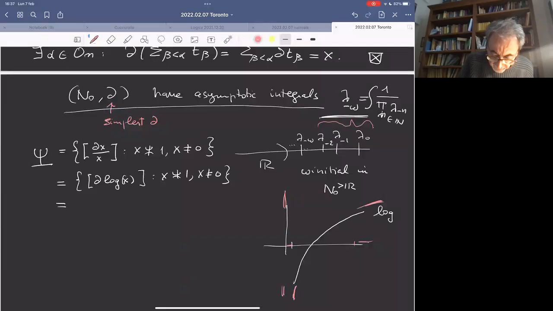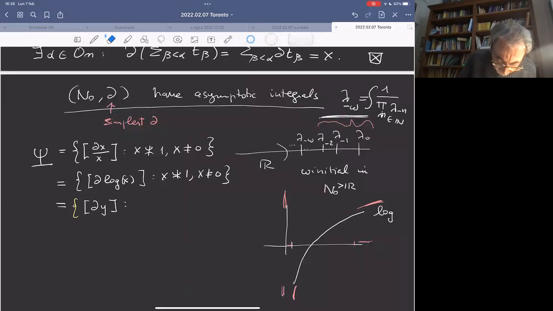So this coincides with the class of the derivative. So the log is surjective on the positive elements. So you might just take the derivative of all possible y's.